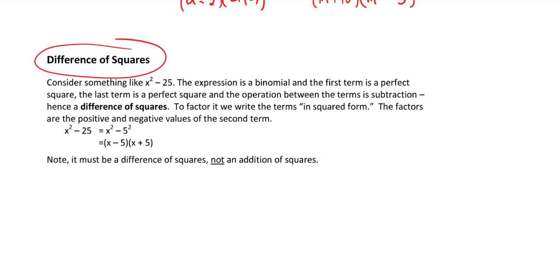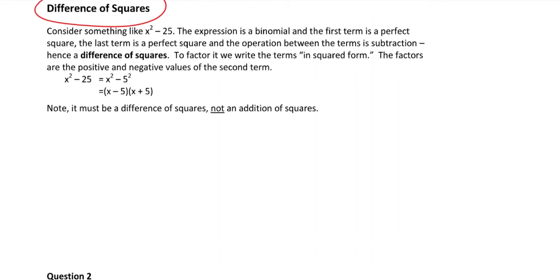Okay, difference of squares. So first off, we just kind of work backwards here. If we started off with x minus 5 and x plus 5, I just want to show you guys a little pattern and why this is going to work. So if I start at the end and work my way the other way around, let's FOIL this, or let's rainbow it in.